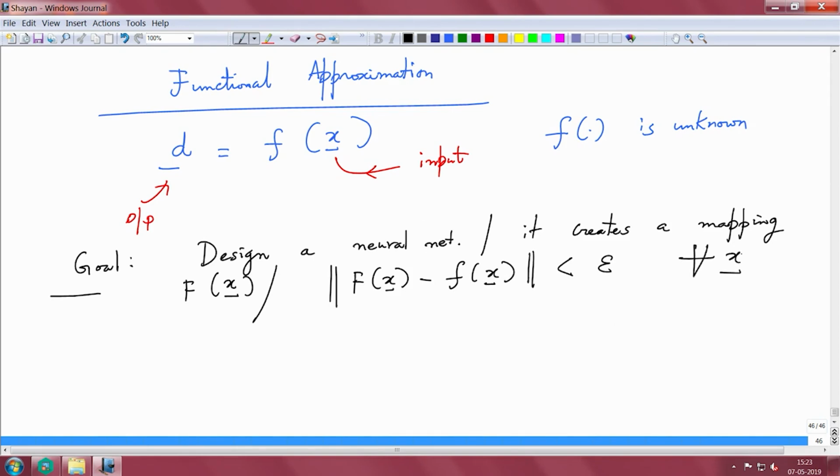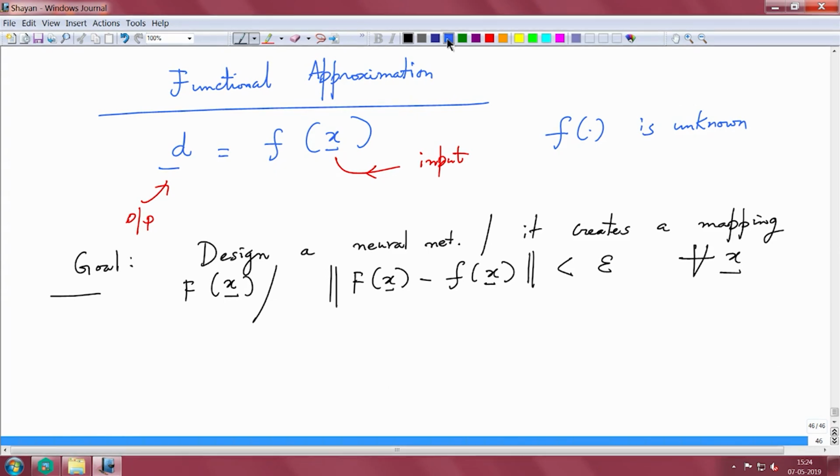This is the functional approximation problem. That is, we do not know the unknown function, it can be nonlinear, time varying, etc. We want to approximate this function using some other function capital F of x, and this neural network through non-parametric means can provide you this approximation, right.